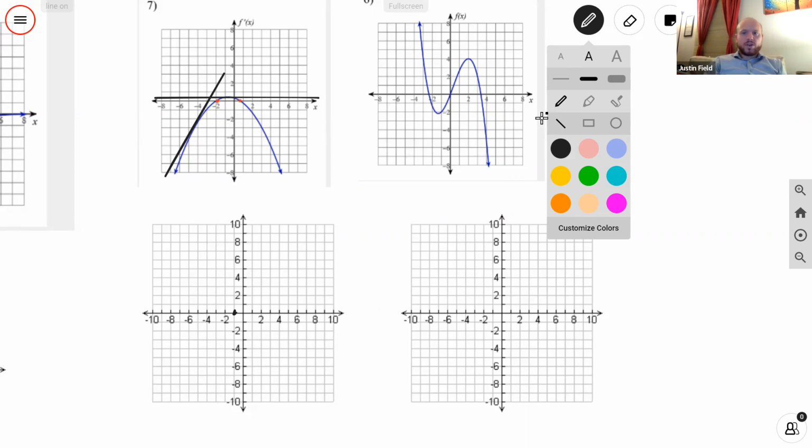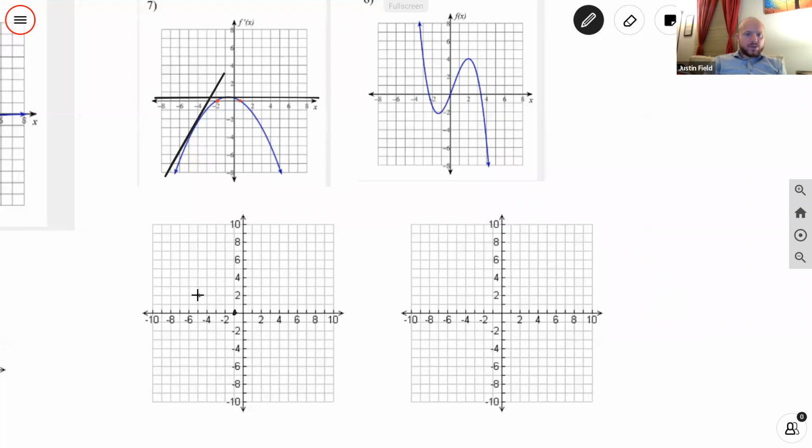So then over here at -5, for the x value, I'm going to put a y value of 2, because at x equals -5, the slope is 2. So we got -5, 2.